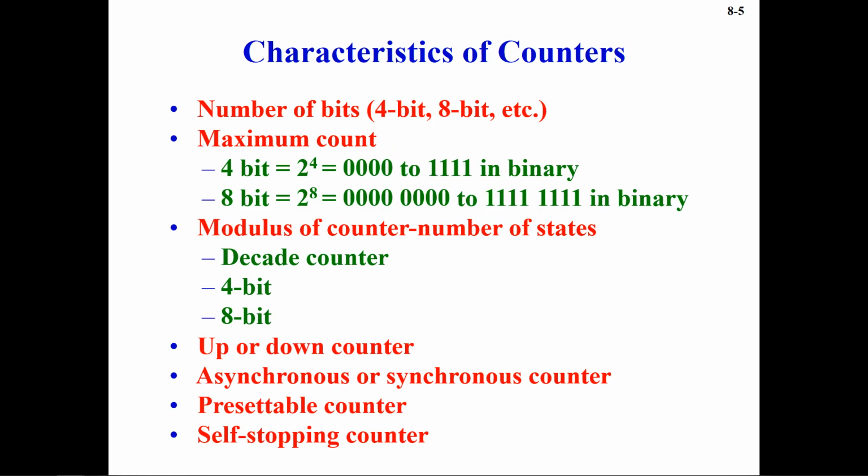The modulus of a counter is the number of different states the counter must go through to complete its counting cycle. Let's take another example. A mod 6 counter counts from 0 to 5. A mod 10 counter counts from 0 to 9 in decimal.